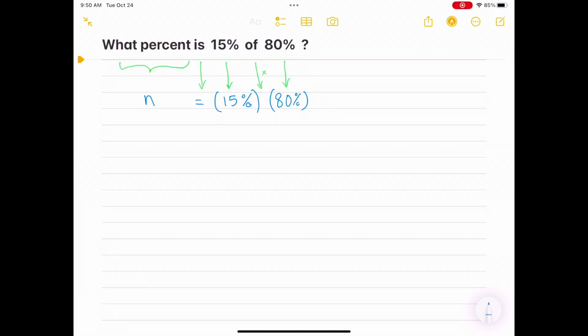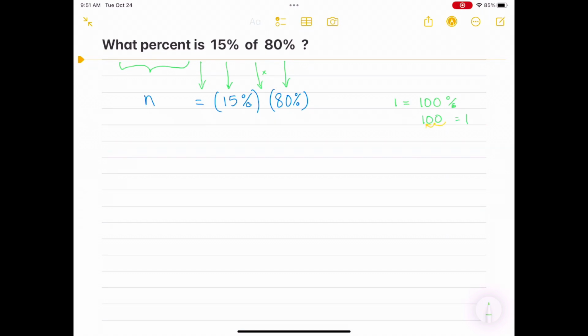To solve this problem, we first must convert the percentages to decimals. And I go back to my trick, 1 equals 100%, and I need to move my decimal place back to the left 2 places if I want to convert a percent into a decimal.